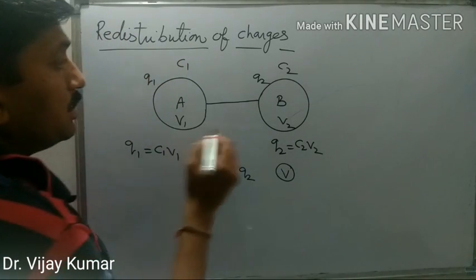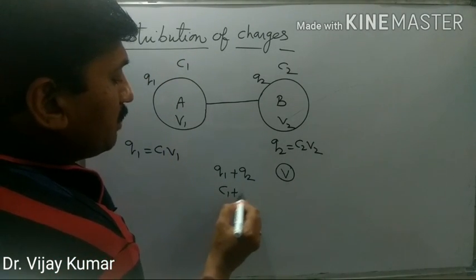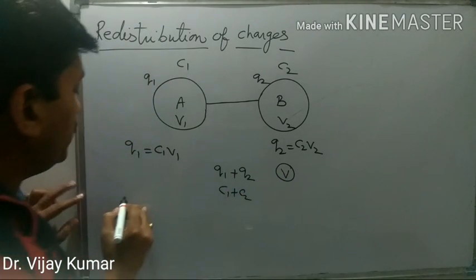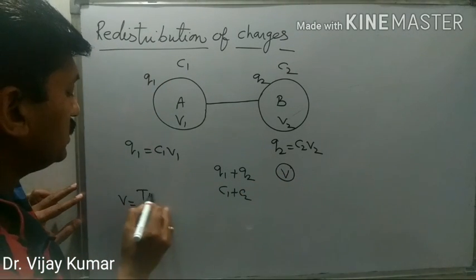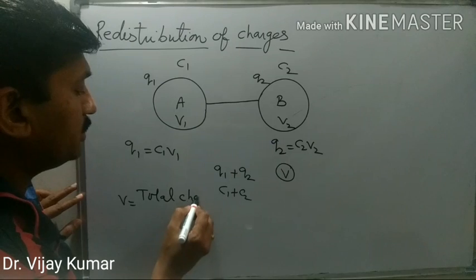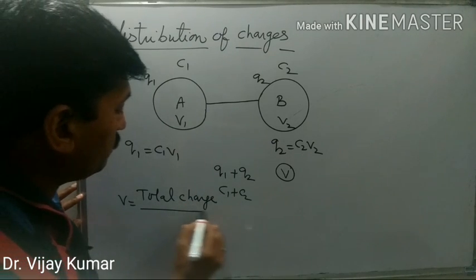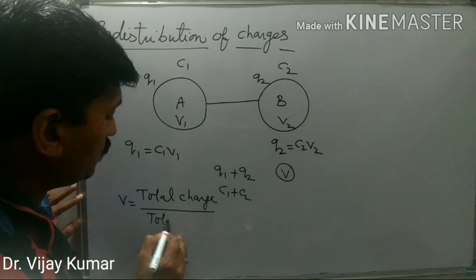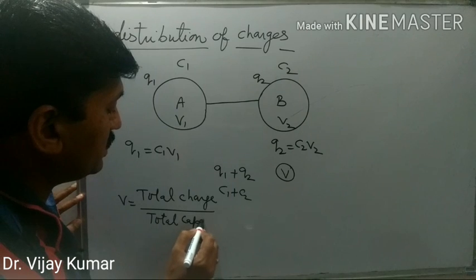Then the potential becomes a common potential V, and the total capacity becomes C1 plus C2. This V should be the total charge of the system upon the total capacitance.